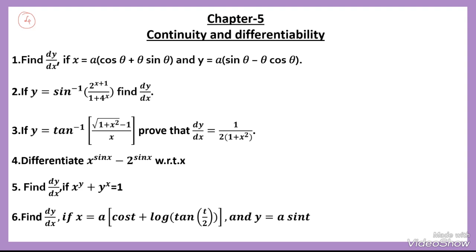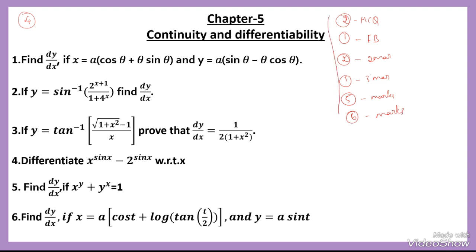From the continuity and differentiability chapter, there are 2 MCQ questions, 1 fill in the blanks question, 2 questions for 2 marks, 1 question for 3 marks, and there is 1 five mark question as well as 1 six marks question. So don't skip these chapters.